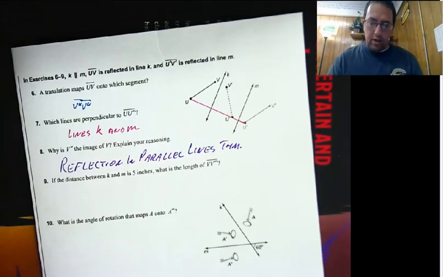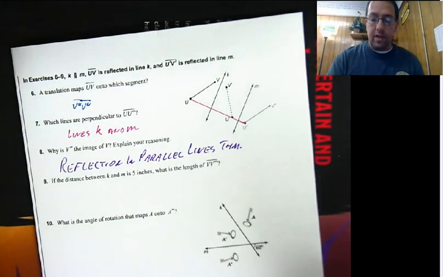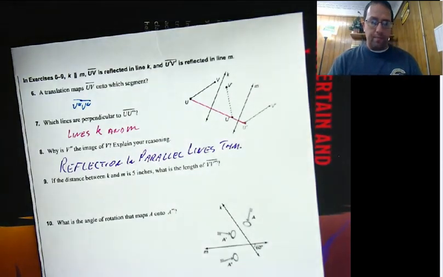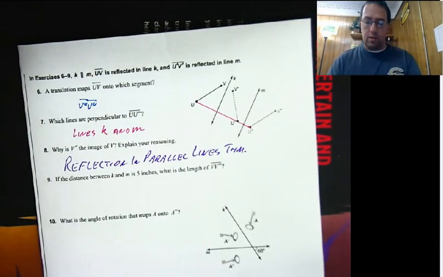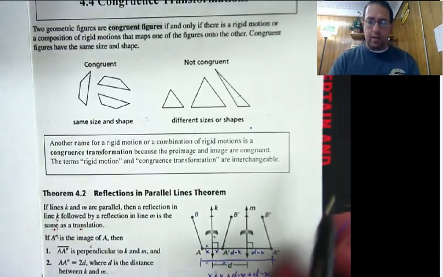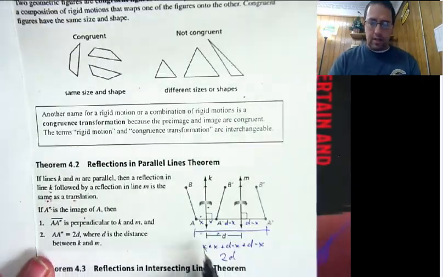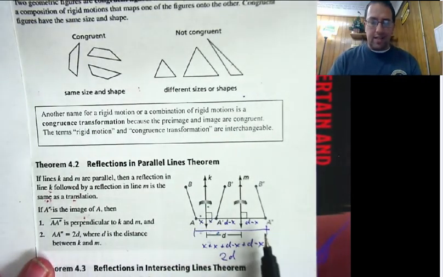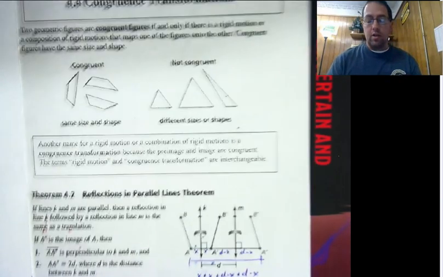Let's see here. If the distance between K and M is 5 inches, what is the distance from V to V prime prime? Well, let's see. Reflection in parallel lines theorem might help us out again with this. It says the distance from A to A prime prime is double the distance between the two parallel lines.